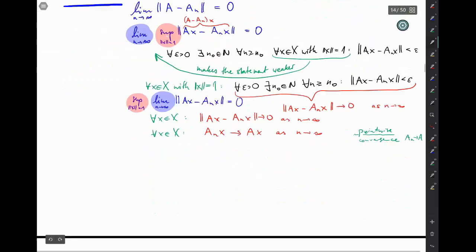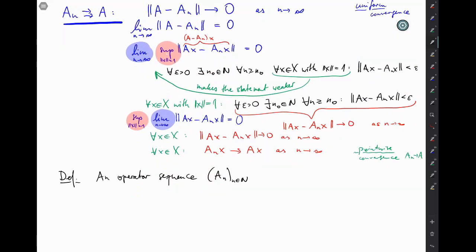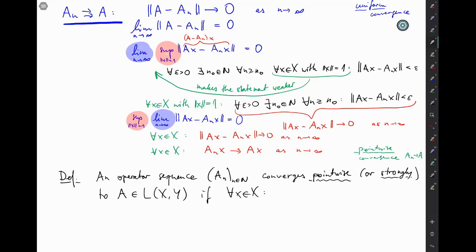Okay, now I think we're really ready for the definition. An operator sequence A_n converges pointwise, and in fact often people say strongly instead of pointwise, to an operator A if for every point x in X, A_n x converges to A x as convergence in the space Y and as n goes to infinity.